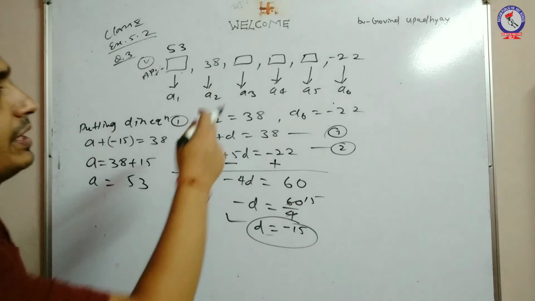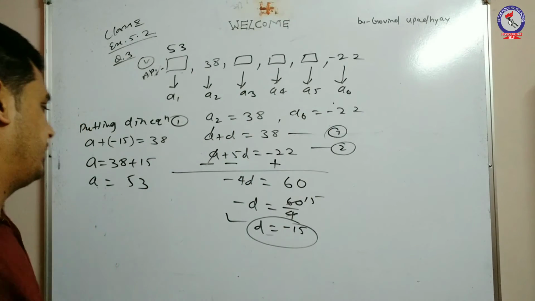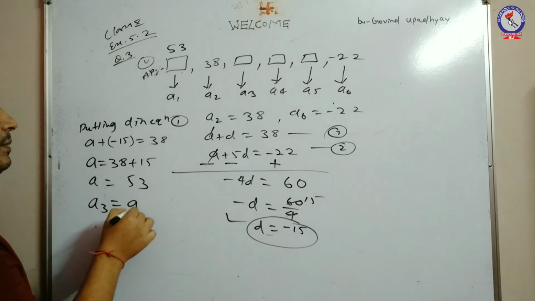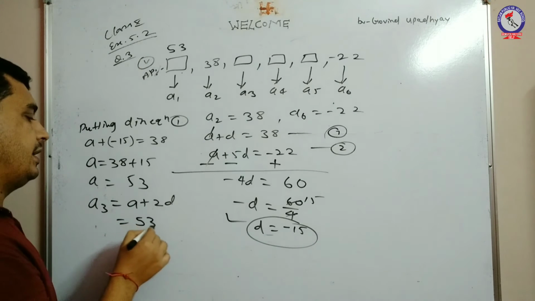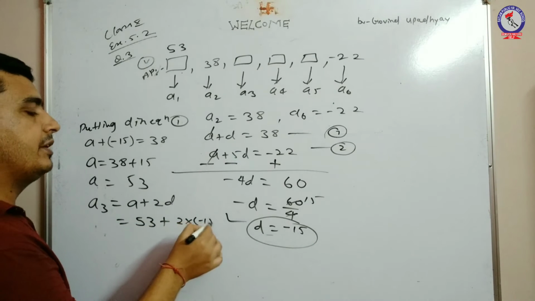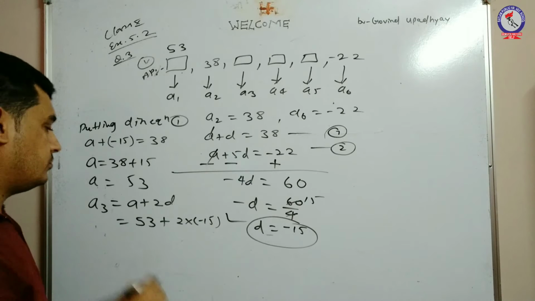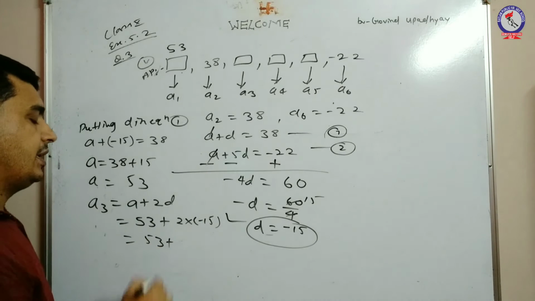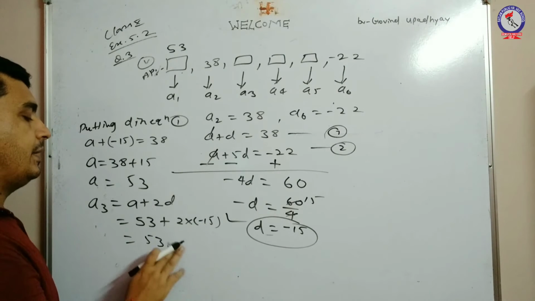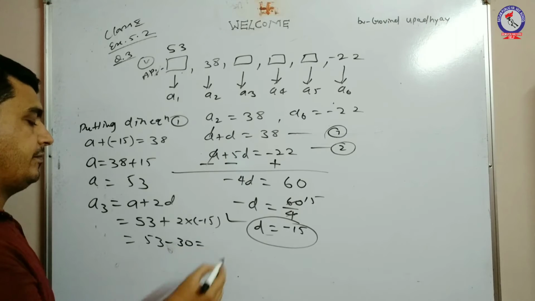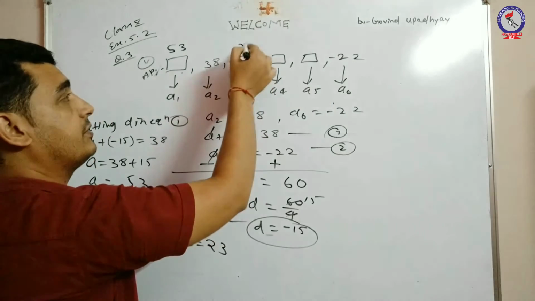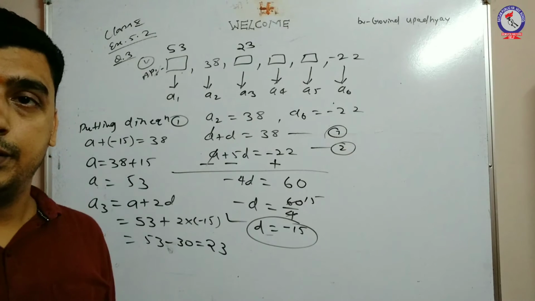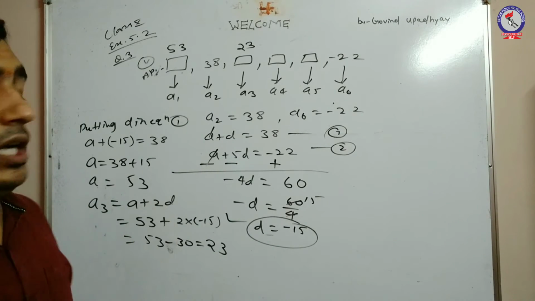Now the next terms A3, A4, A5 will be what? A3 will be A plus 2D. So 53 plus 2 into minus 15. So it will be 53 plus minus 30, so 23. So this term will be 23. Next term, that is A4.